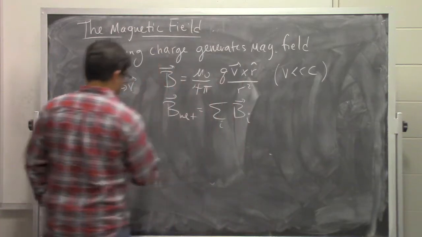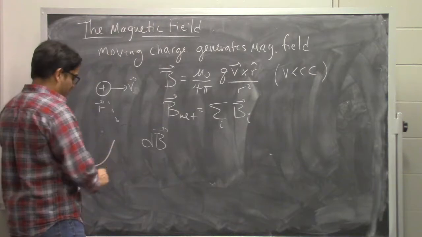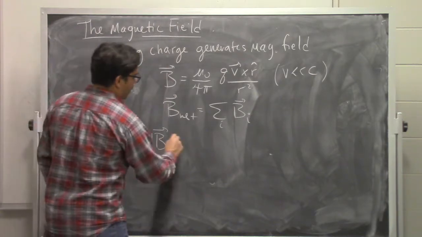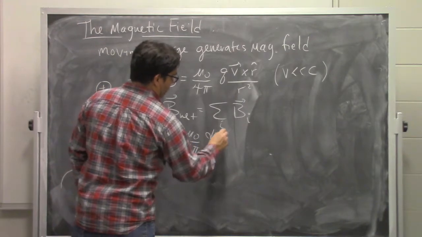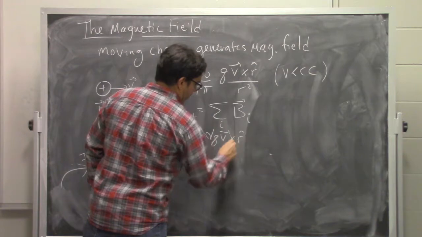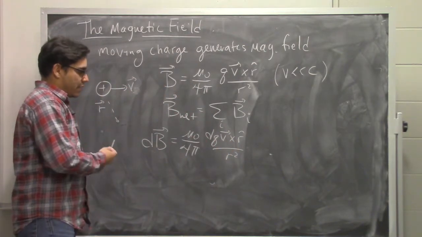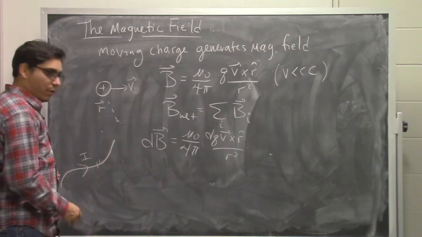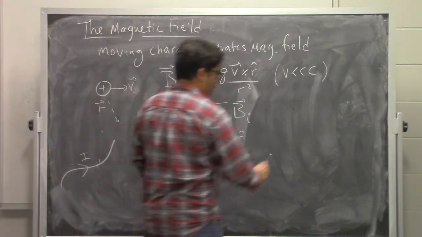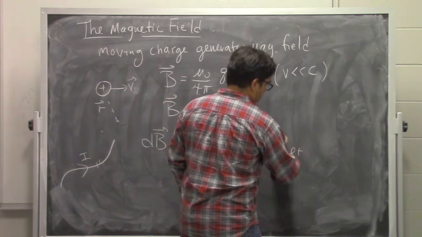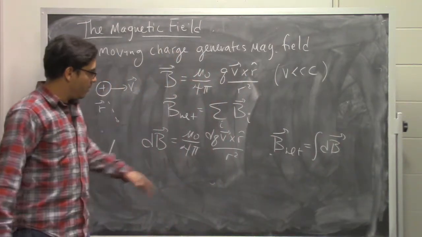And we use the exact same idea that we did for the electric field, namely that the little bit of magnetic field we get from a little piece of the wire, we can model as a single moving chunk of charge, just as we would normally do. And the idea is then we superpose all of the results. We add up all the pieces all the way along the wire, and we say, what's the total magnetic field associated with that? And so that is, in a sense, finding the integral by adding continuously this contribution.